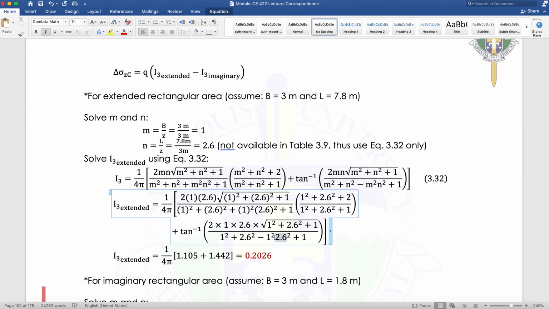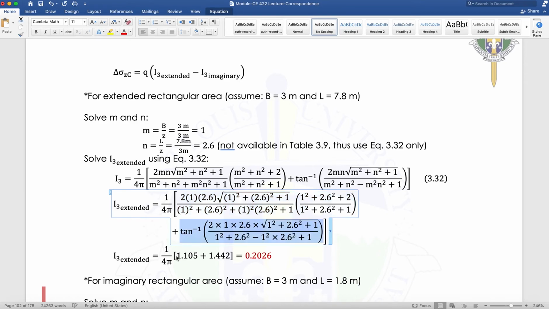Okay? Hindi tayo malito. So, simplify. Simplify muna natin yung term sa loob ng parenthesis.